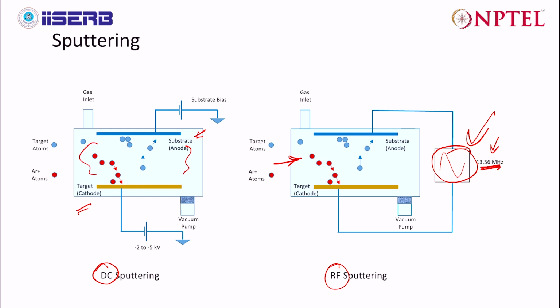We use a lot of electronic gadgets and communication devices, so it's very important that we use a fixed RF signal in this case in order to create the plasma.